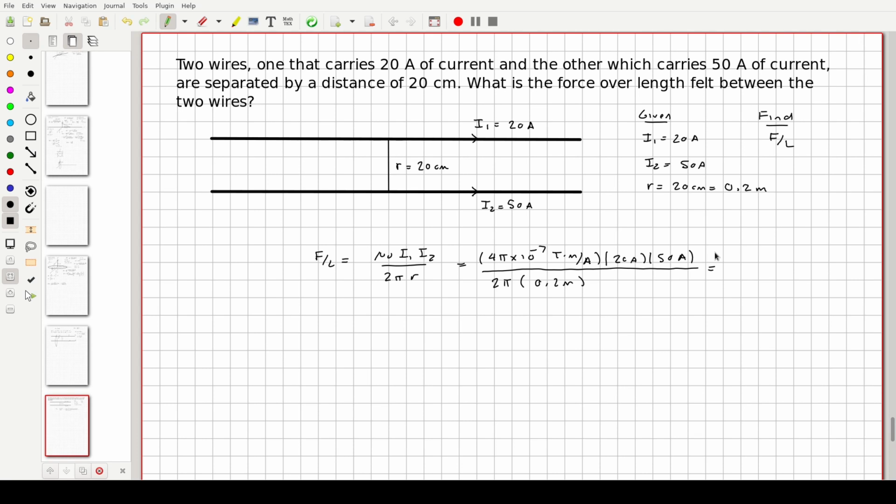Four times pi times 10 to the minus 7th times 50 times 20 divided by 2 times pi times 0.2. And that is 1 times 10 to the minus 3rd newtons per meter.